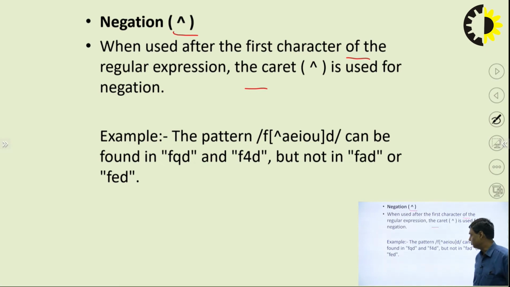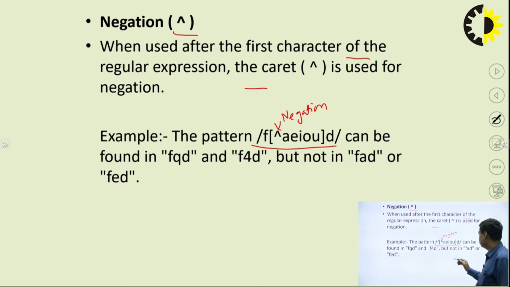Look at this example. Here the caret symbol is not at the start of the pattern. It is after the first character. So the first character is F. Then we are using this caret symbol. So this time the caret symbol is negation, not denoting the beginning of any pattern.